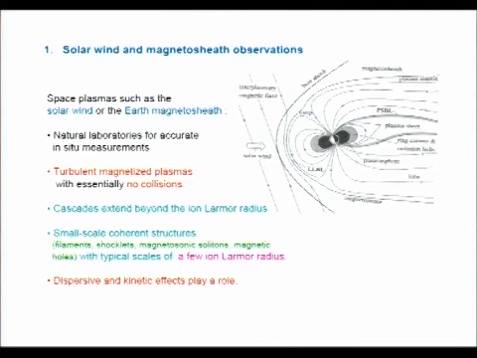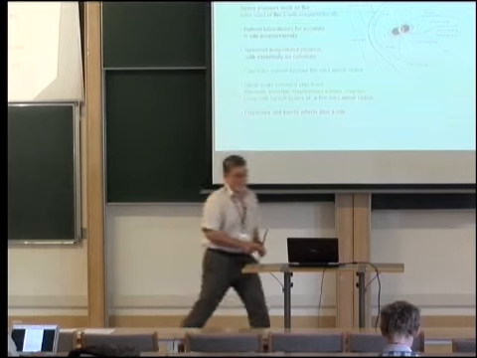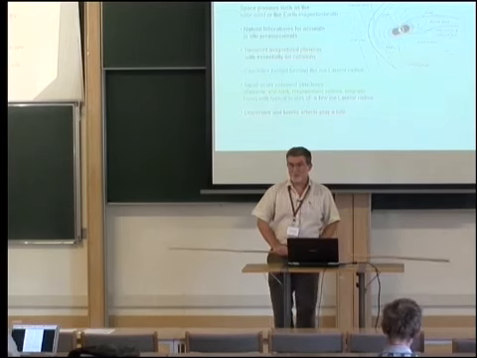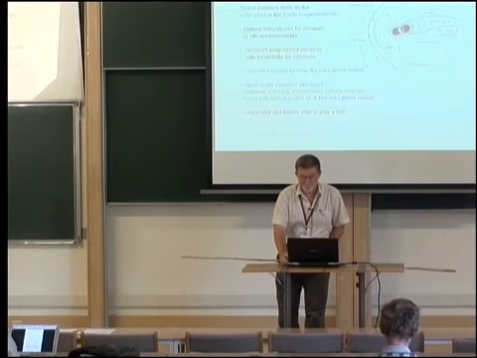So it's quite interesting to focus on the ion-Larmor radius scales, where dispersive and kinetic effects play a major role and are at the source of these structures, which can influence a lot the transport properties in the turbulence.